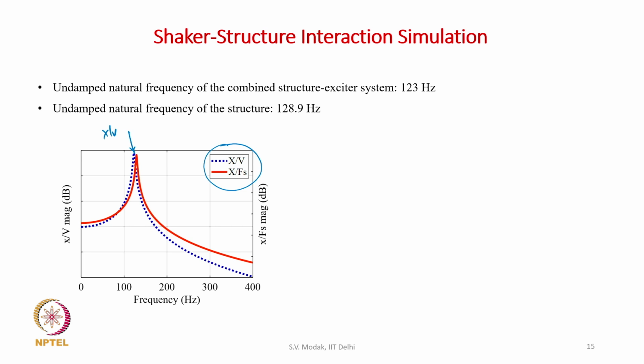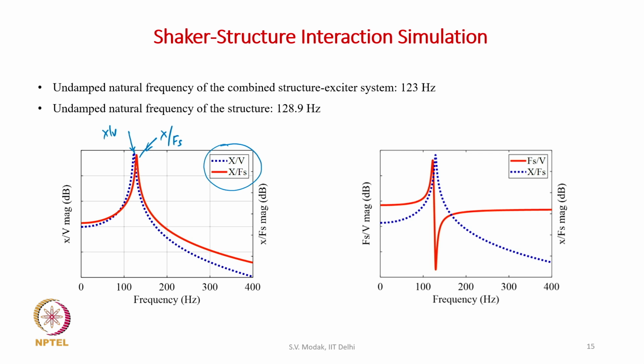So, the peak in the x upon V FRF occurs at the natural frequency of the coupled system, while the peak in the x upon Fs FRF occurs at the natural frequency of the structure. This is clear evidence that the peak in the x upon Fs FRF tells us the true natural frequency of the structure.